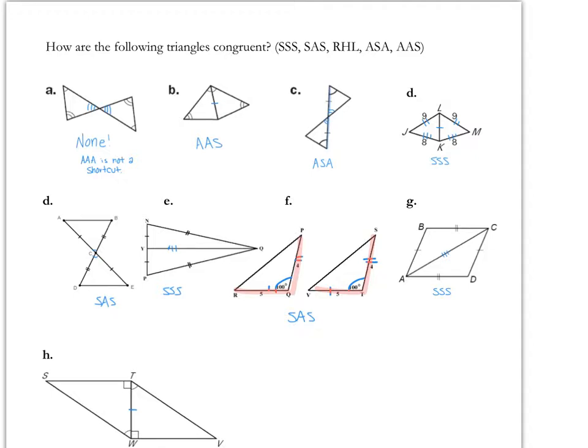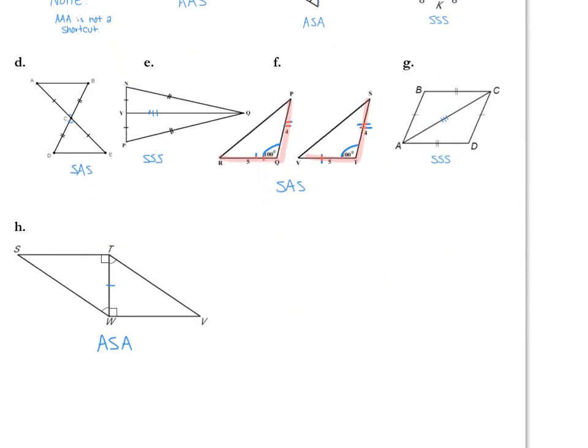Part G, we have side, side, side. It's all three sides. Side, side, side is probably the easiest one to remember. And then H, we have angle, side, angle. If we look, your angles are sandwiched on either side of your side. So that's why it's ASA and not AAS.